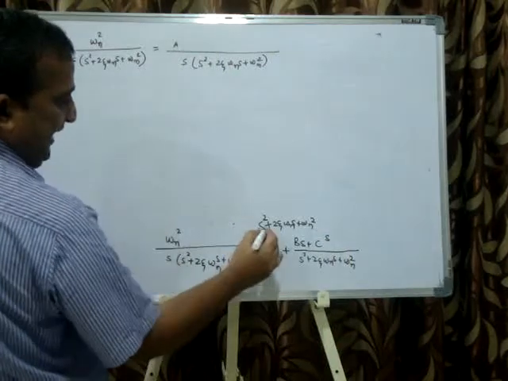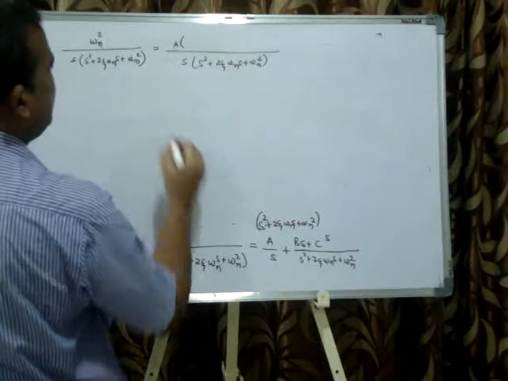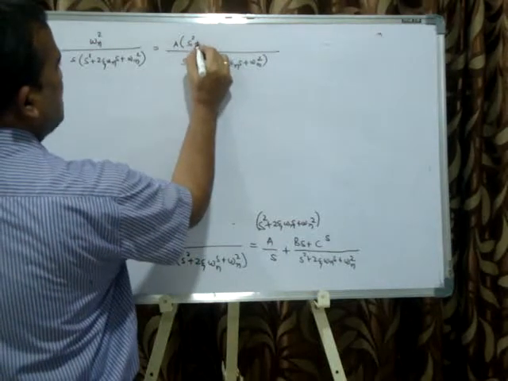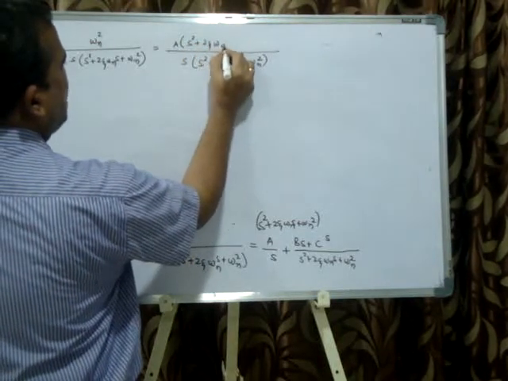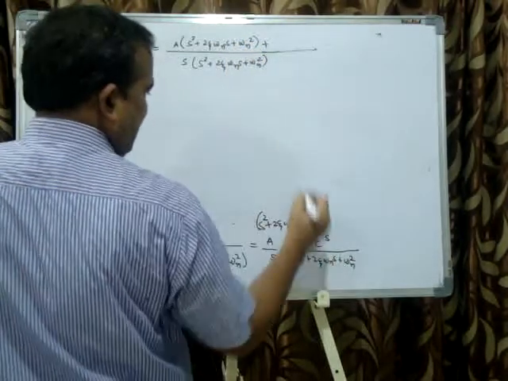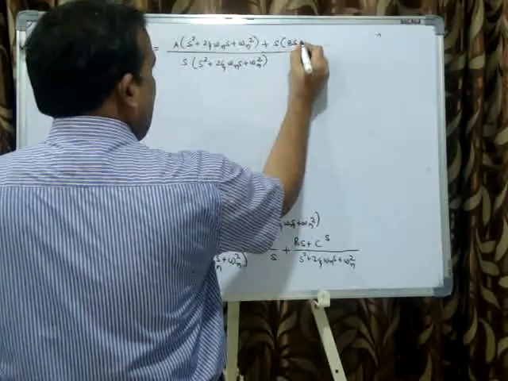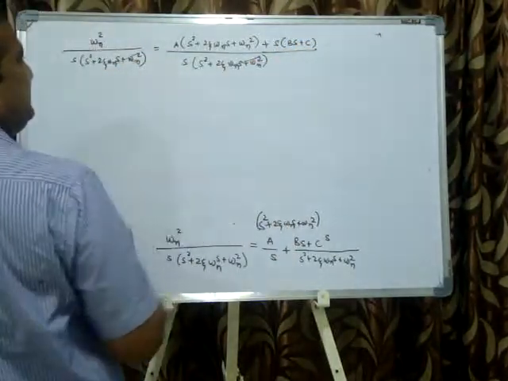So I'll write A into s square plus 2 zeta omega n s plus omega n square, plus s into bracket B s plus C.